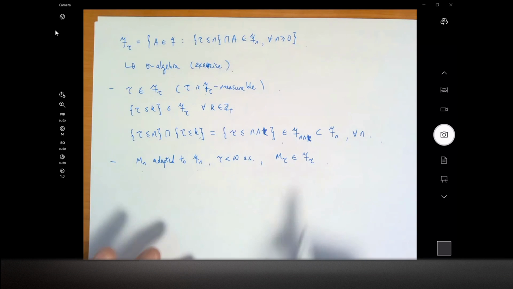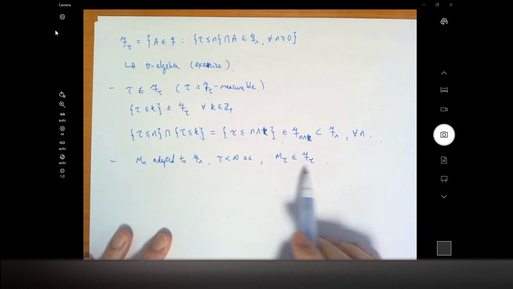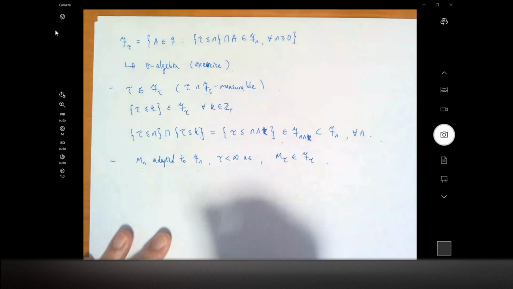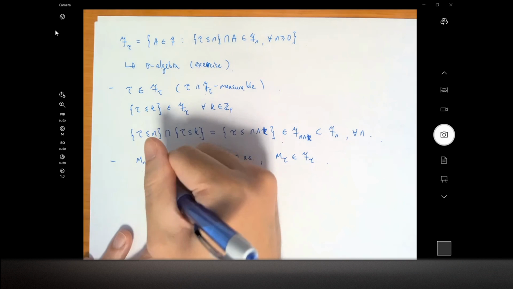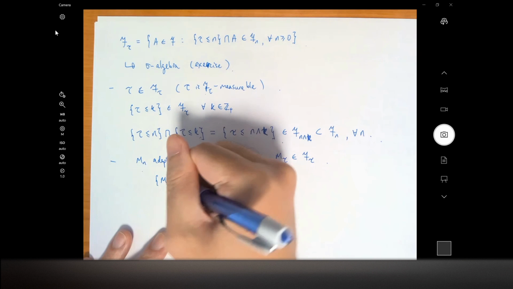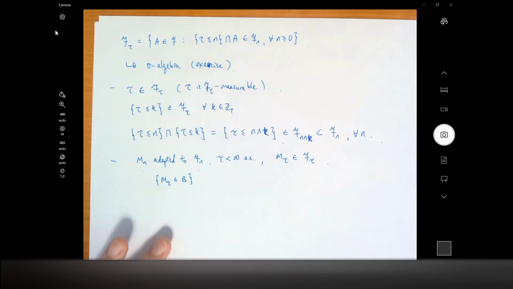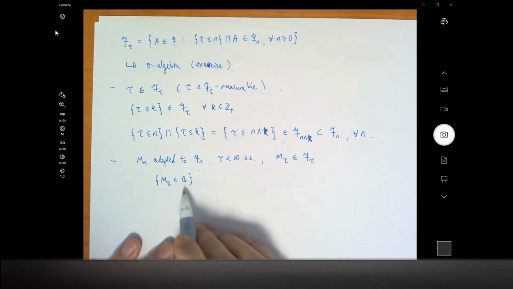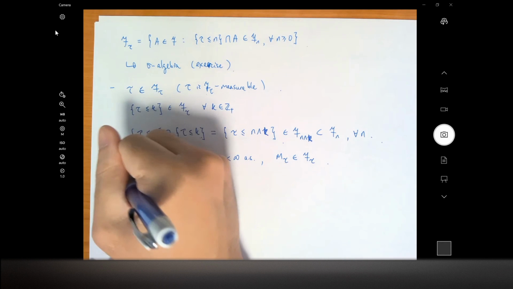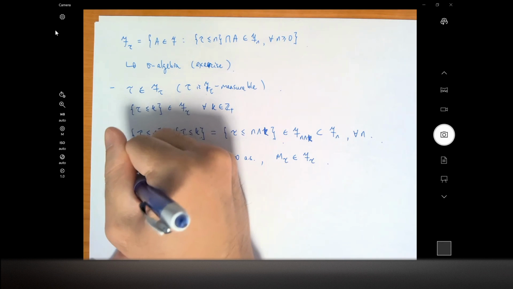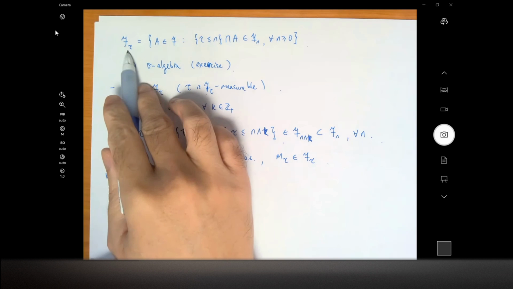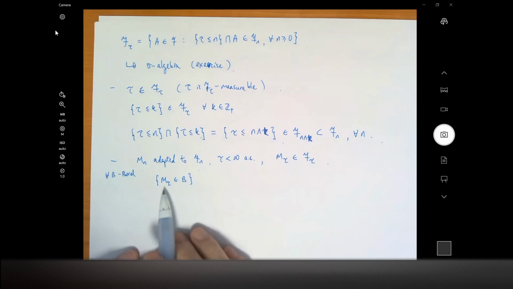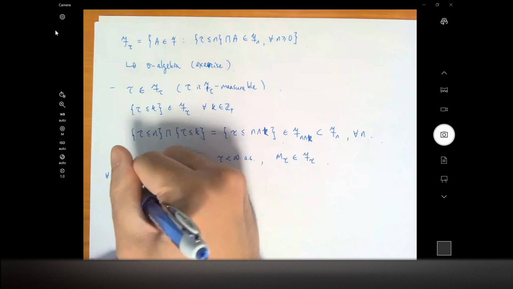So how do we prove that M_tau is F_tau measurable? That means I want to show that all these events, M_tau inside some Borel set B, for any B that is Borel, are inside F_tau.